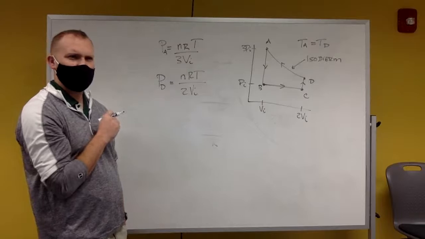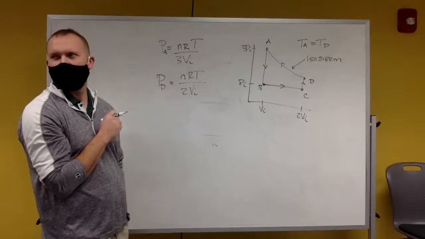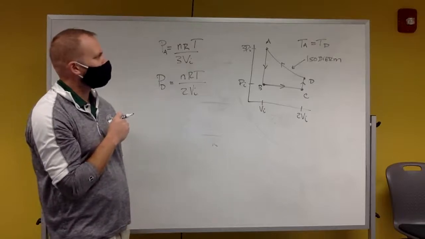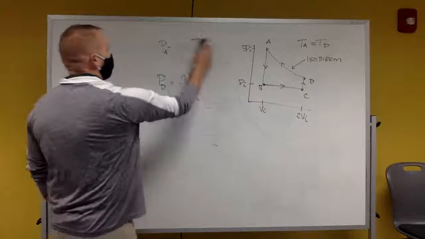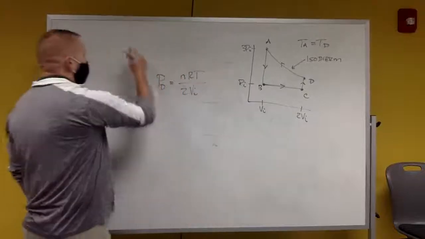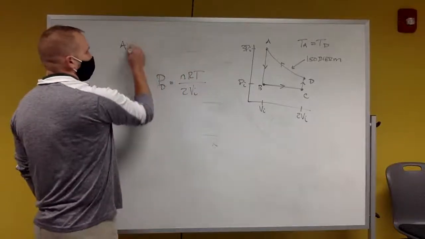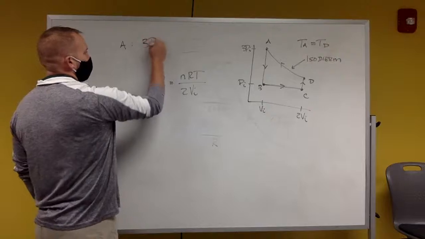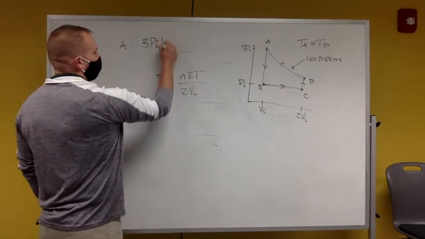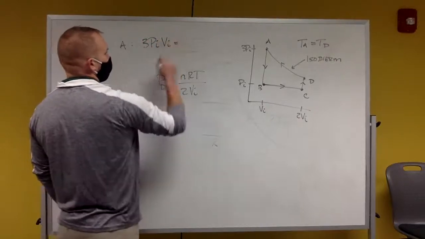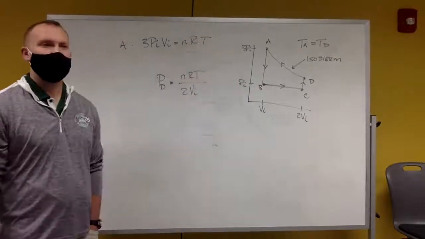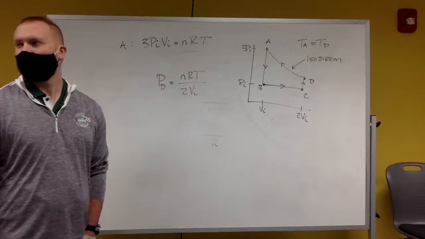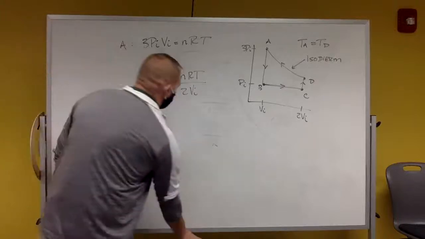Do we agree with that? Or am I doing that wrong? Let's just write it this way. At A, it's 3Pi Vi equals nRT. Yeah? You cool with that?